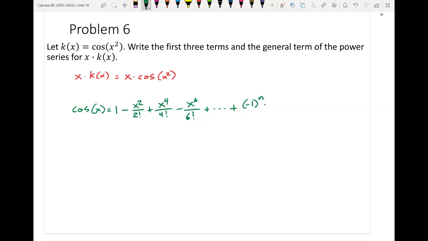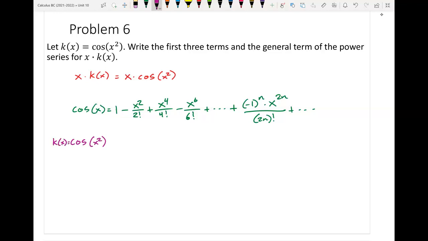So it'll be negative 1 to the n times x to the 2n over 2n factorial. So that's cosine.